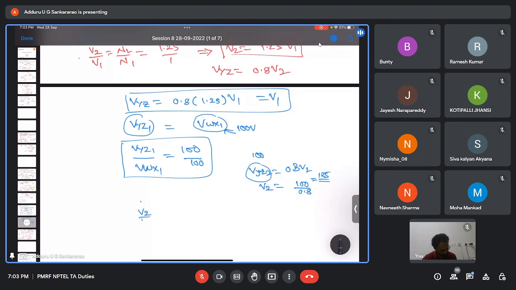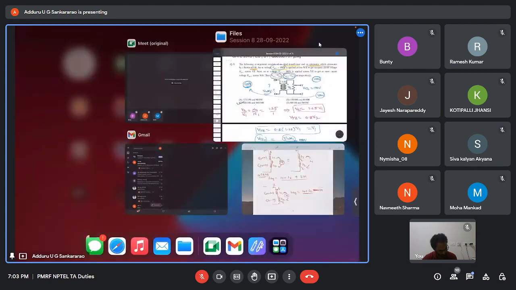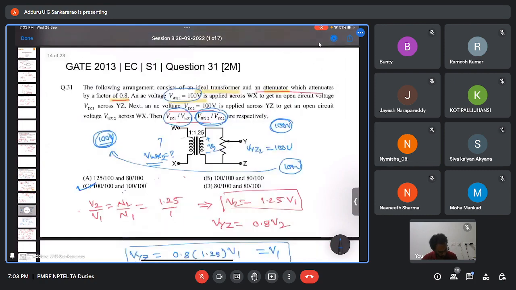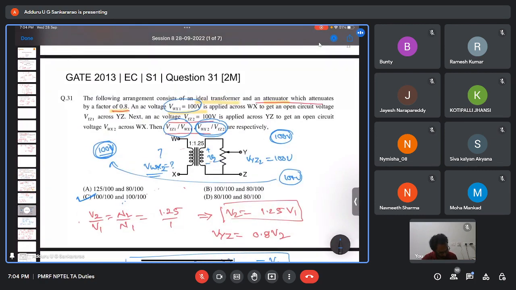V2 by V1 equal to 1.25 by 1, and here V1 is Vwx2. Since V2 is 125, Vwx2 also we will get 100. So the ratio Vwx2 by Vyz2 is 100 by 100. C is the option.